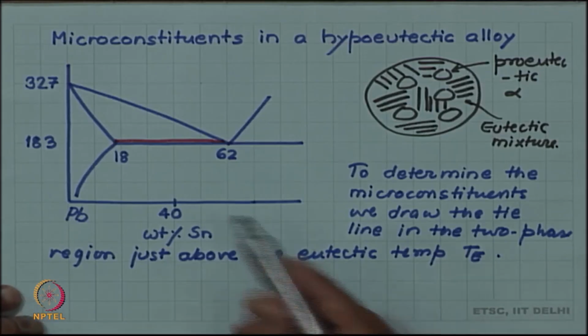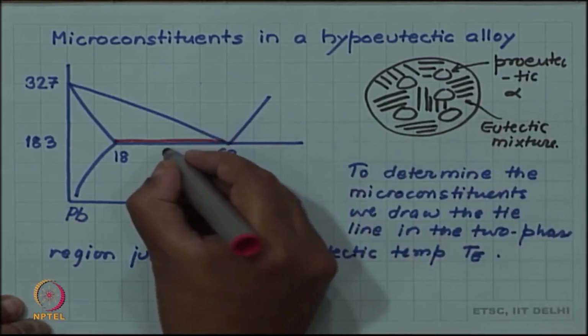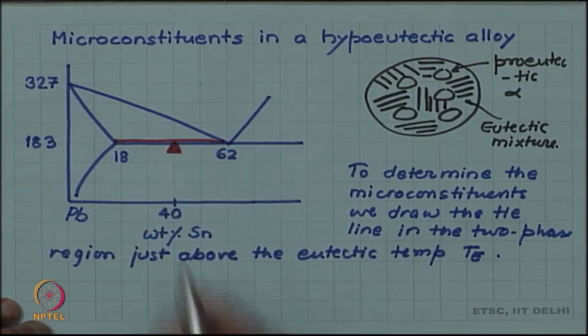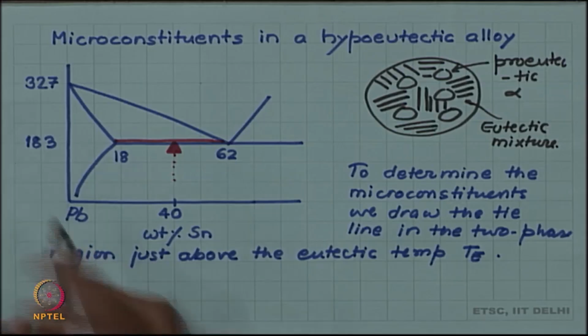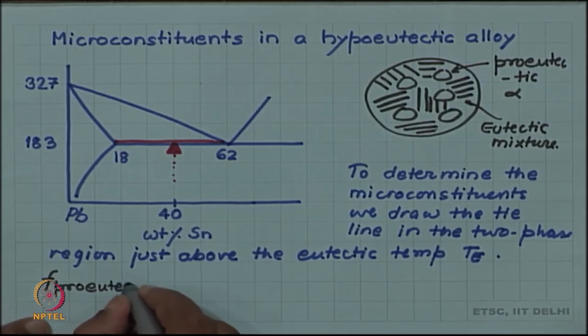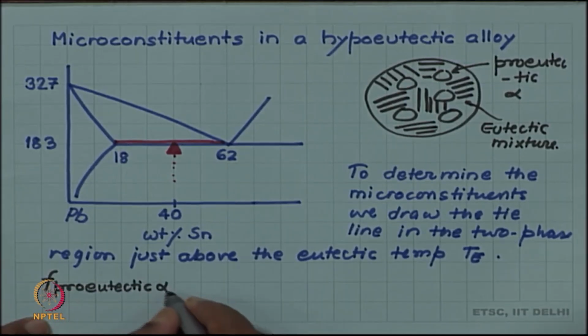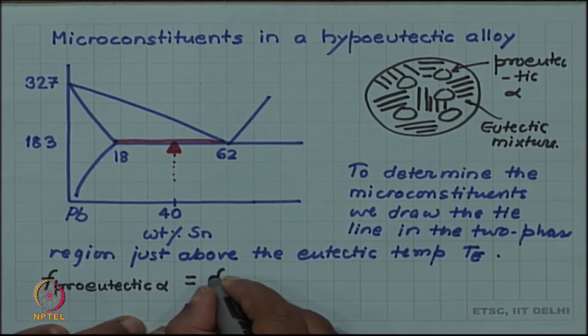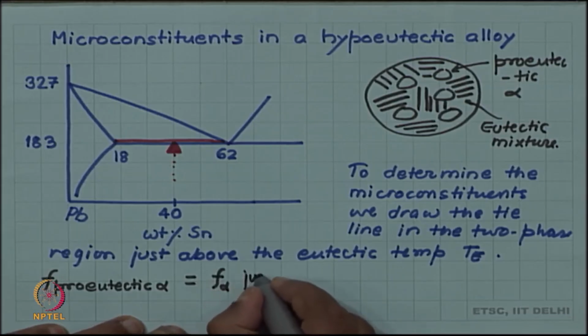And then of course, our alloy composition which we had selected was 40. So, that is the fulcrum of our lever, and then the pro-eutectic alpha which we want to calculate. So, the fraction of pro-eutectic alpha in the alloy is nothing but the fraction of alpha just above TE.